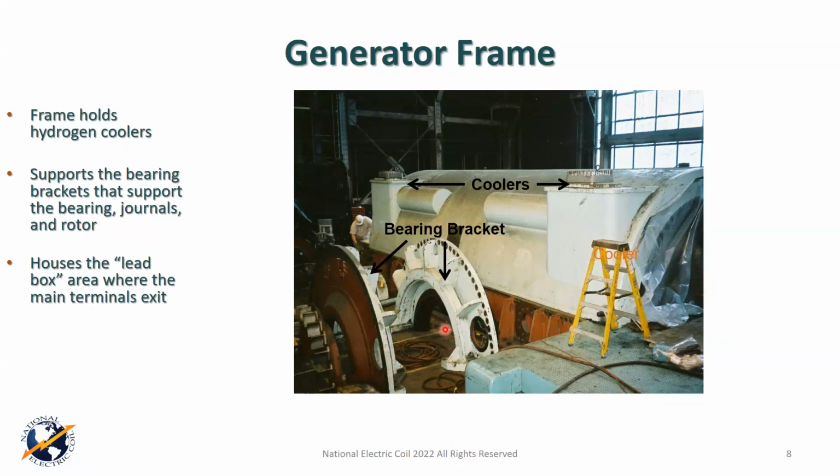The other thing you see here, we have these coolers on this machine at 4 different corners of the machine. If you pull this up, it looks like a huge radiator. In this case, those coolers, I believe, are water coolers, but you can also have hydrogen coolers, and obviously it's a little bit different.